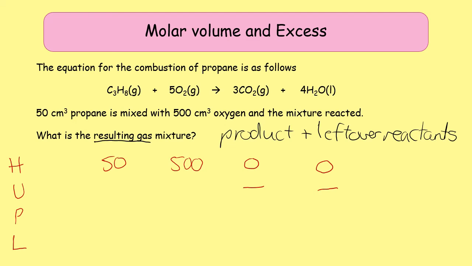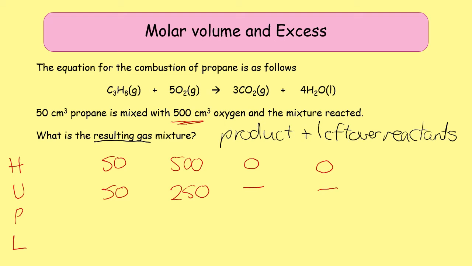The ratio of propane to oxygen is 1 to 5. So we can clearly see that this is in excess. So it's not all going to get used, but the 50 here is all going to get used. And if we use 50 here, using the molar ratio, we're going to use 250 here.